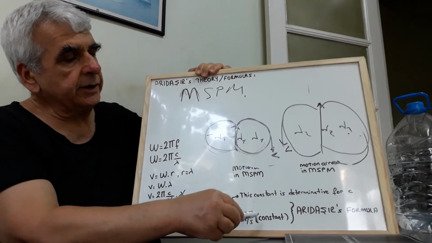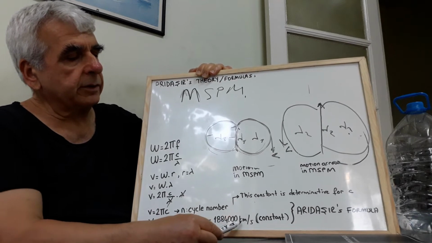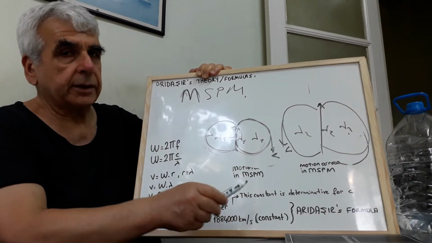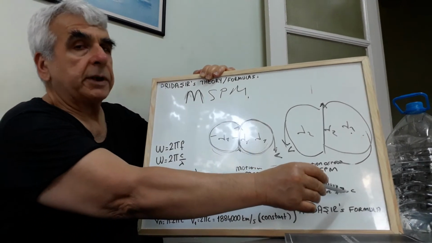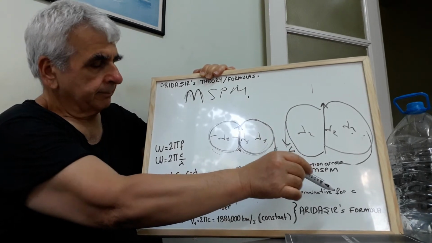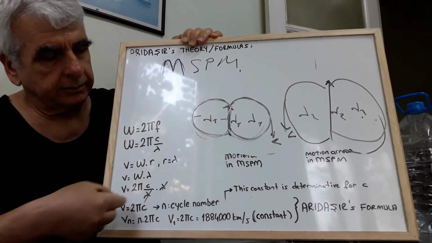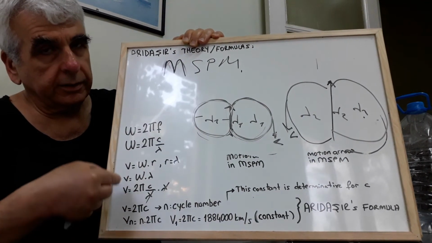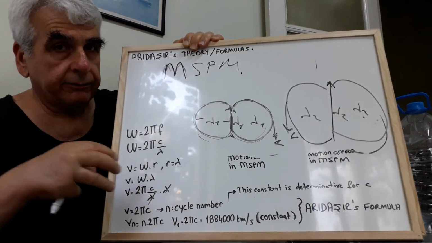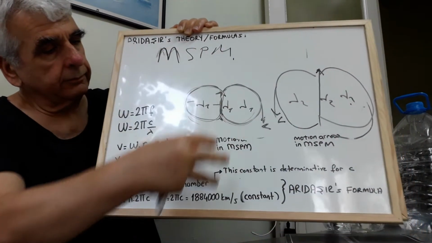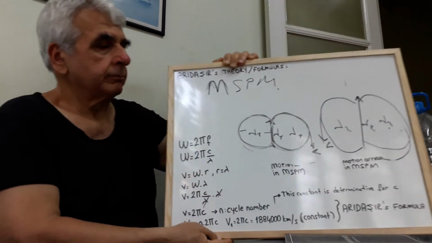And this constant, 1,884,000 kilometers per second constant that I put forth is determinative for speed of light. Yes, you can easily deduce and understand my formulas from my writings.